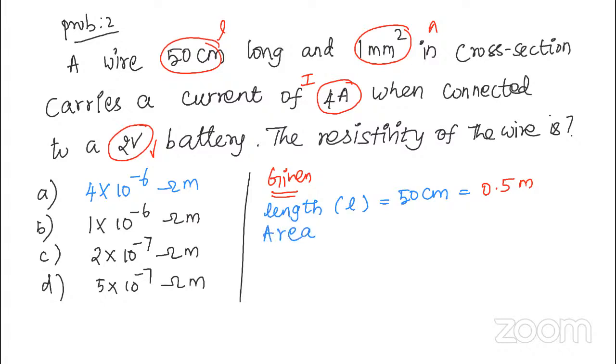That is A is equal to 1 millimeter square. Okay. So 1 millimeter meter convert panrathuku it is 10 power minus 3. Okay. 10 power minus 3 the whole square.